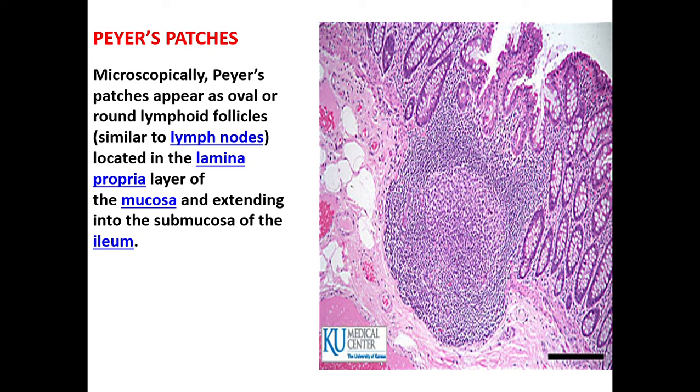Microscopically, the Peyer's patches appear as oval or round lymphoid follicles, similar to lymph nodes, located in the lamina propria layer of the mucosa and extending into the submucosa of the ileum, a part of the small intestine.